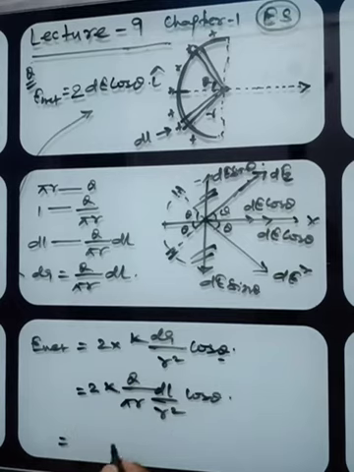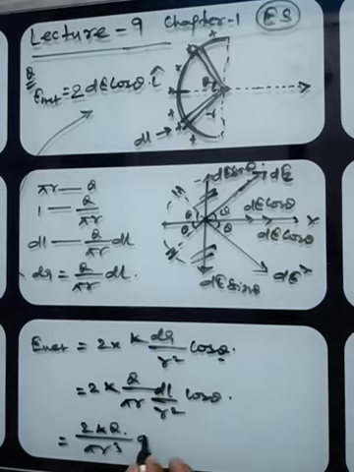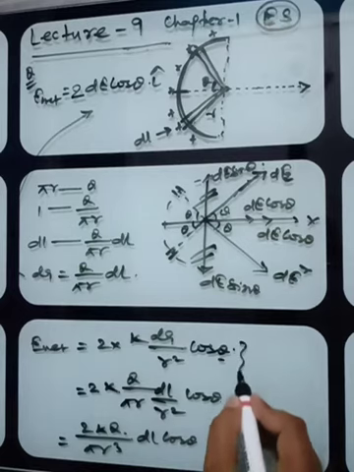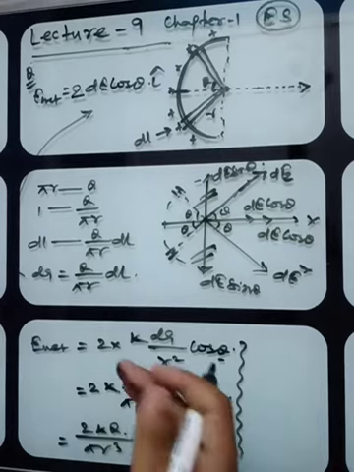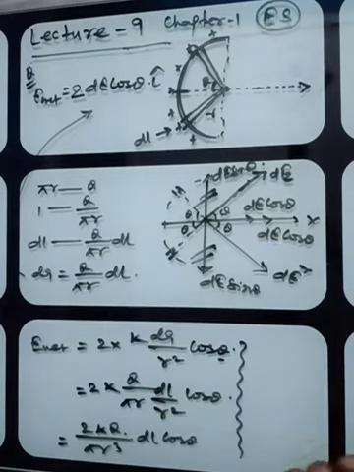Now 2k q over pi r cube dl cos theta. Here we have two variables, dl and cos theta, and we cannot integrate an equation having two variables. So try to convert this equation into one variable. How?